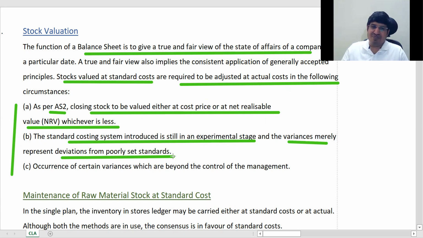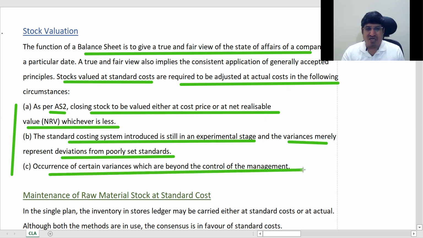Last one will be if there are variances which are beyond the control of the management. So there are 2 kinds of variances. One is controllable and second is uncontrollable. Which is beyond the control of the management is called uncontrollable variances.